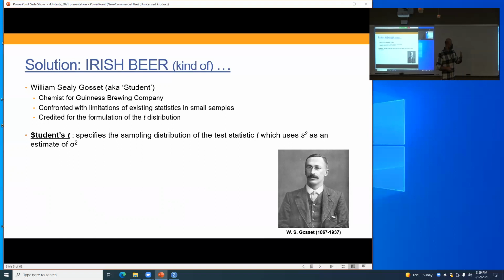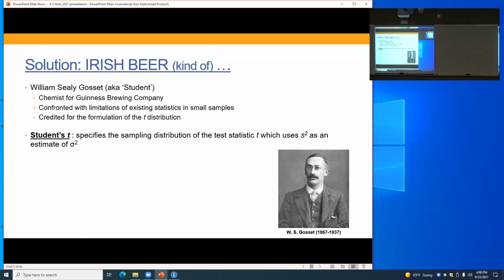So the person credited with cracking this nut is a gentleman named William Sealy Gosset, who published under the name Student. Gosset was a chemist for Guinness Brewing Company, working with the limitation of small sample statistics.